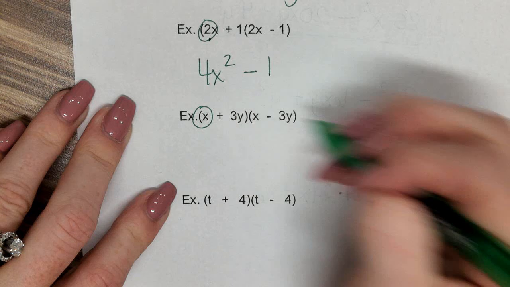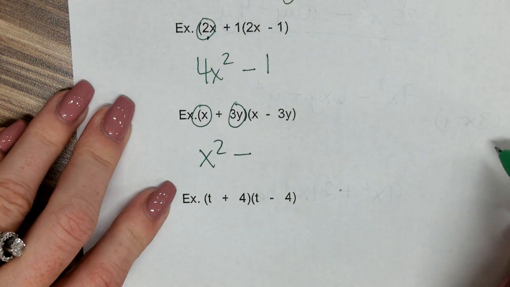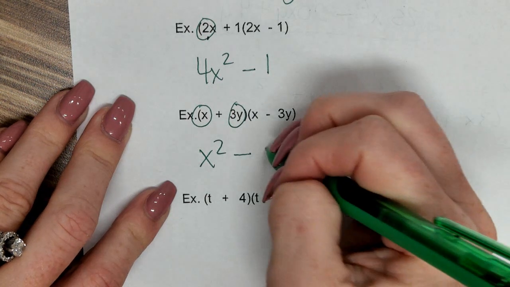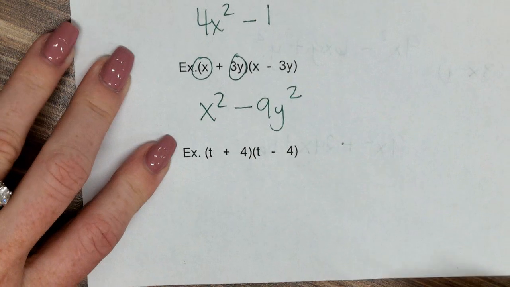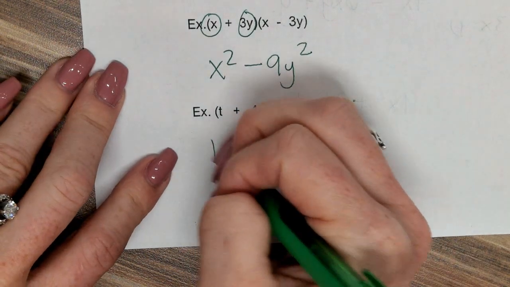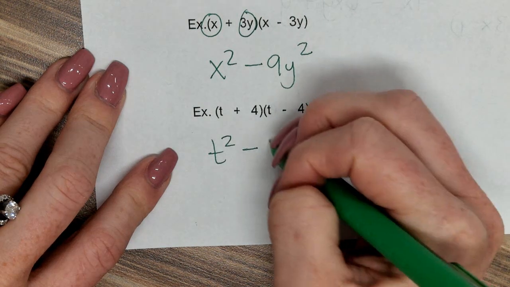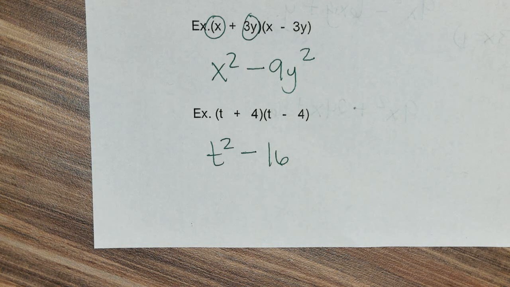What would this be? X squared minus 9y squared. What's this one? T squared minus 16. 4 squared, which is 16.